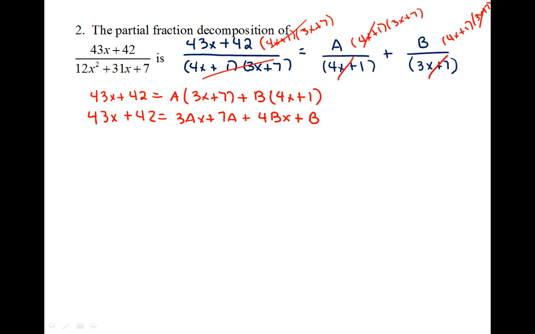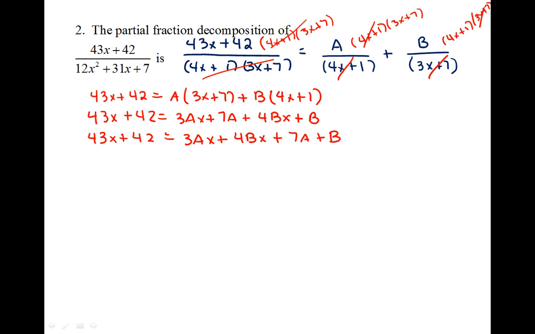And now let's group. I have 43x plus 42. Let's go ahead and group your x terms. So we have 3ax plus 4bx, and group your constant terms, 7a plus b.